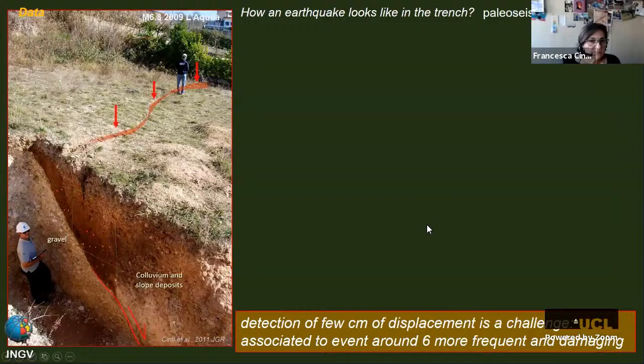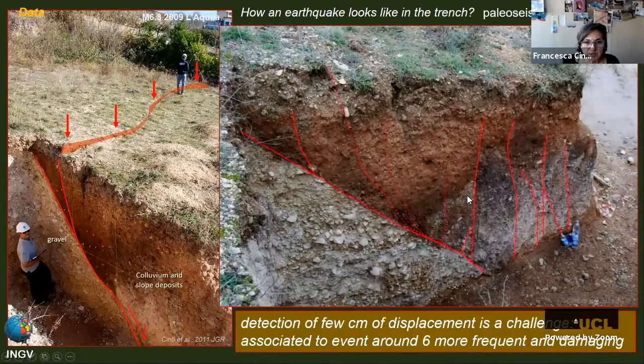Okay, other photos. Here I want to remark that even a small offset, in this case a throw of less than 10 centimeters, gives us a really nice view of the fault, and we can also reconstruct the past history.